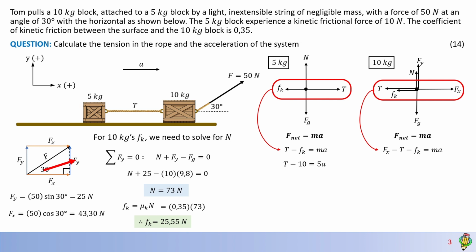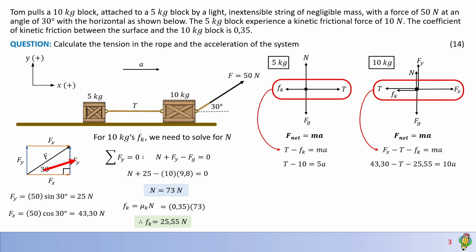So we can substitute that together with our Fx, then we get 43.30 for our Fx minus tension, which is not given, minus 25.55 that we just calculated for kinetic friction, equals our mass, which is 10, multiplied by acceleration, which is not known.